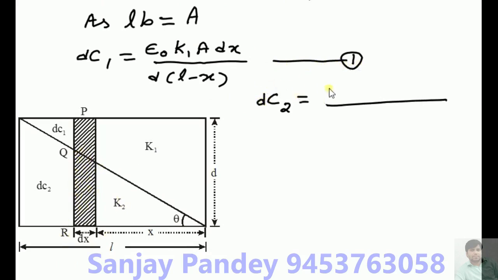The capacitance of the lower part of the strip is given by dC2, which is equal to epsilon naught K2 into the area of this part of the plate, B dx, upon the separation QR, which is x tan theta.